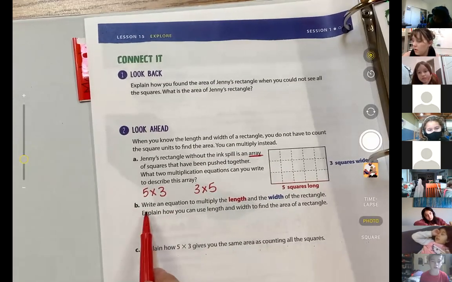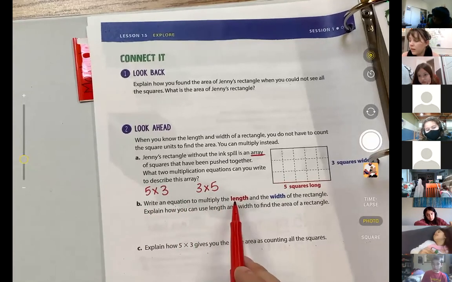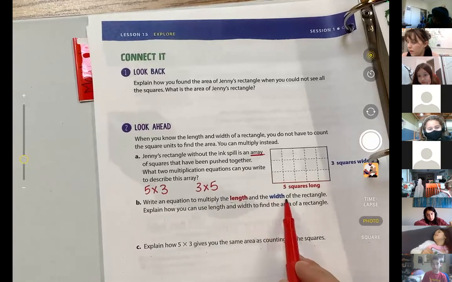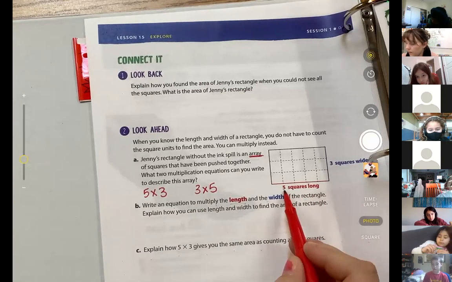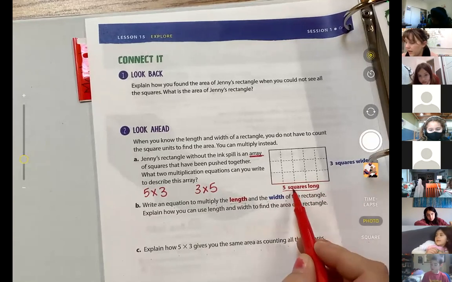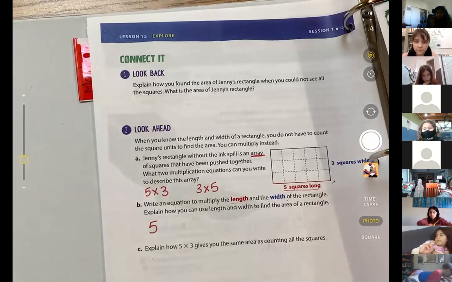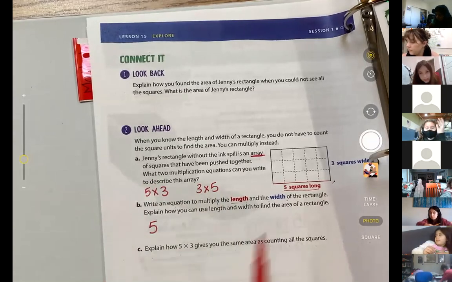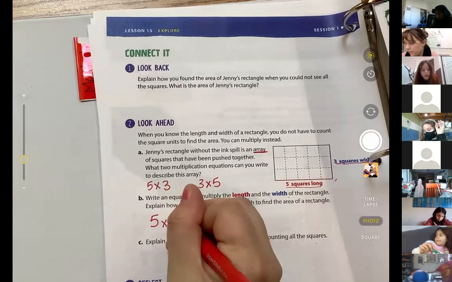All right, next one says, write an equation to multiply the length and the width of the rectangle. Length is this one. 5 squares long. So we're going to start with 5. 3 squares wide. So we're going to do times 3.